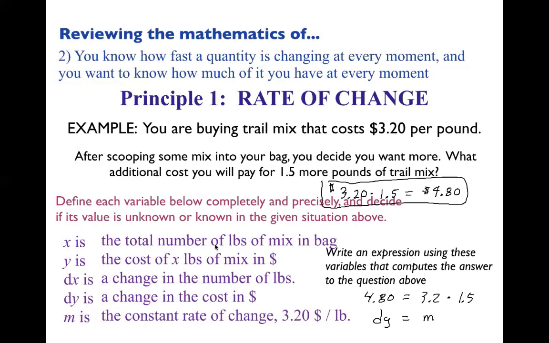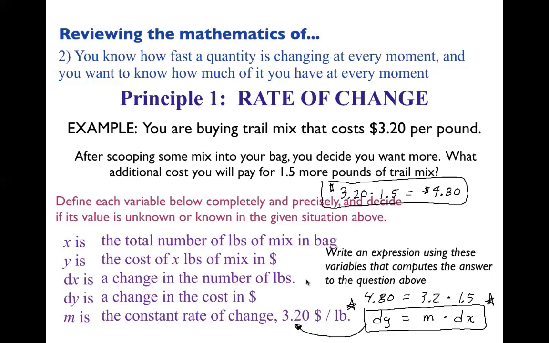And the 1.5 was how much our pounds changed. This equation is maybe the most important thing of today's lesson. This equation right here, arguably. Lots of important stuff. This equation frames the meaning of this number. It tells us what this number means.